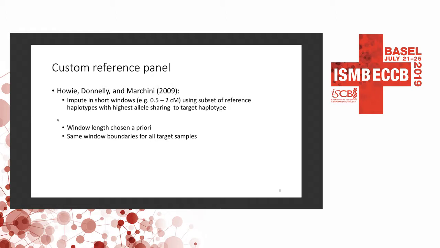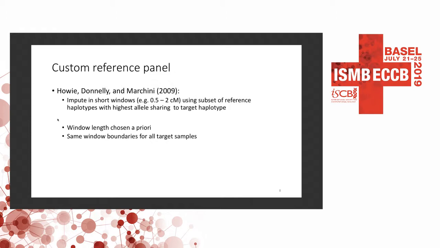So instead of running your hidden Markov model algorithms, the forward-backward algorithm, over all the reference haplotypes, you just ignore all the ones that aren't relevant and focus on that small number of haplotypes that are relevant. This is fairly effective, but it does have some limitations that prevent it from being a complete solution to the problem.